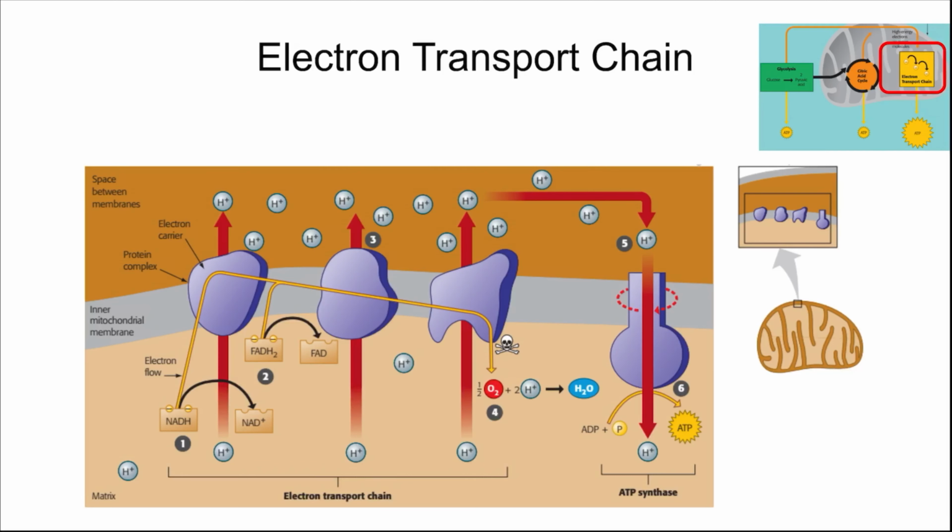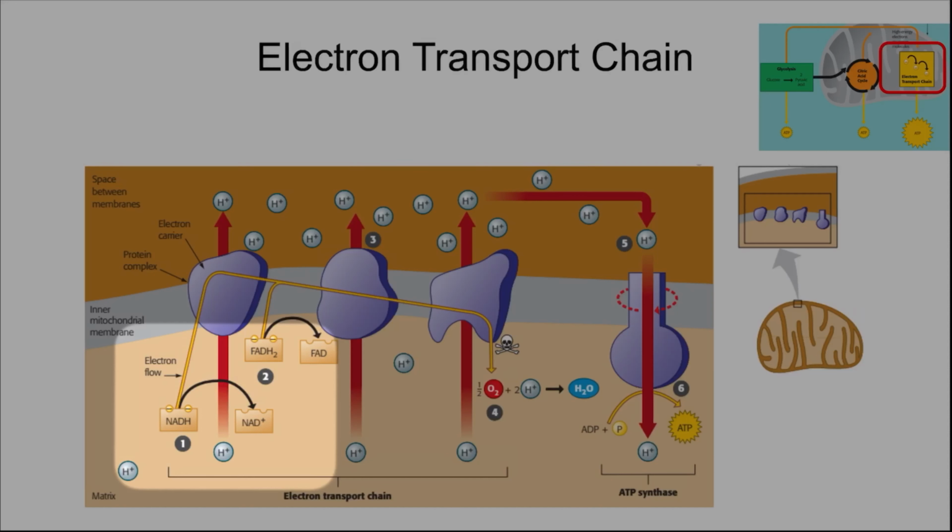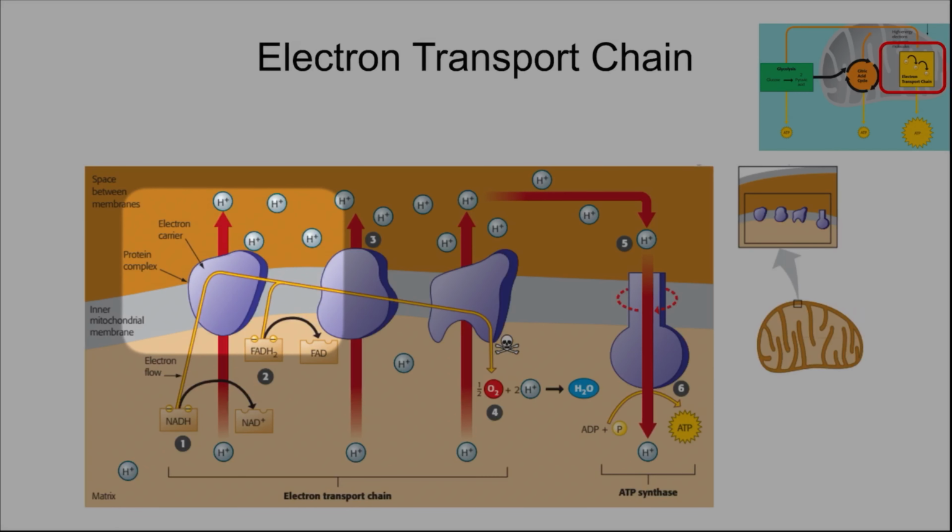We can see that NADH, which was produced during the citric acid cycle, is oxidized to NAD. In doing so, it loses an electron. That electron powers the first protein complex. That protein complex moves hydrogen ions into the intermembrane space. Remember that this is against the flow of chemical energy, but it can happen since it's powered by the electron.